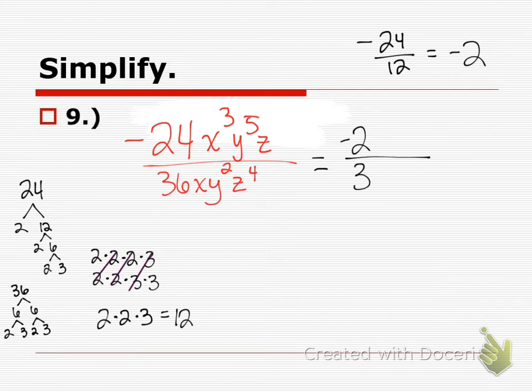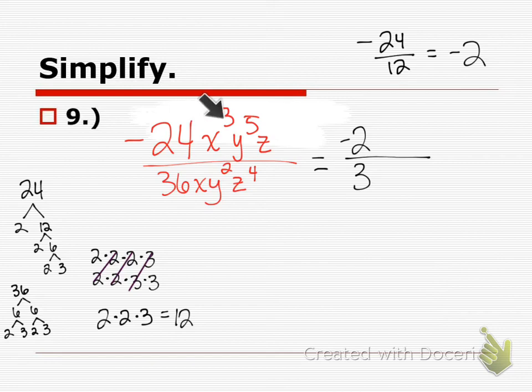Okay, for all of my variables, if I'm dividing the same base, what do I do to my exponents? Subtract them. So for x, we've got 3 minus 1. 3 minus 1 is 2, x squared. Do you think it'll end up in the top or the bottom? The top.